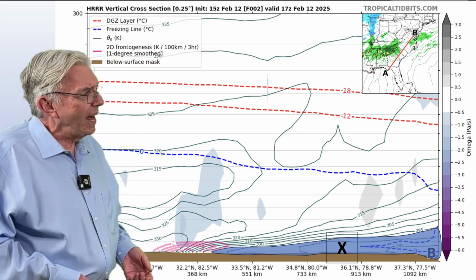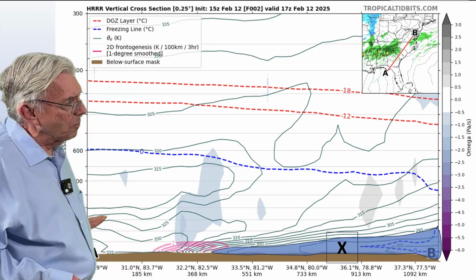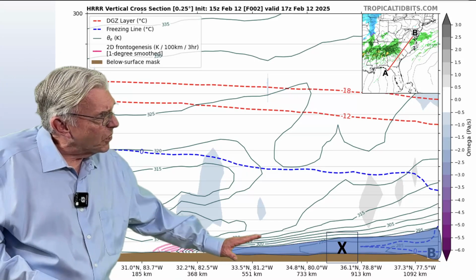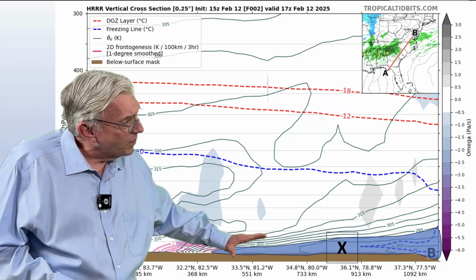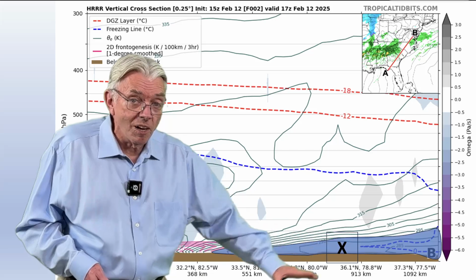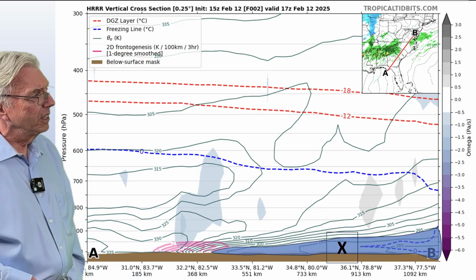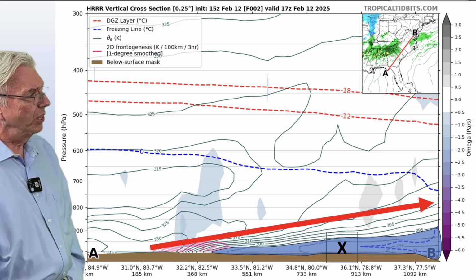Okay, so now if the winds are blowing along that cross section, notice how those isentropes are not horizontal. They're tilted a little bit, tilted upward, okay? So what's going to happen here is that you're going to get air that is going to be rising over that cold dome, okay?